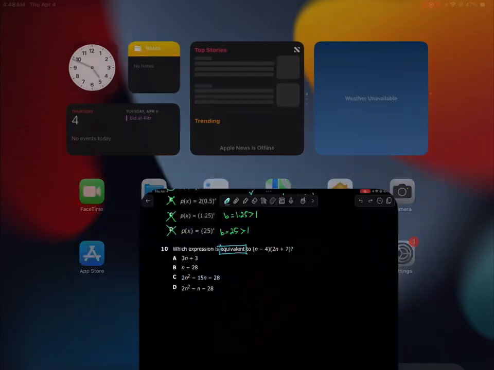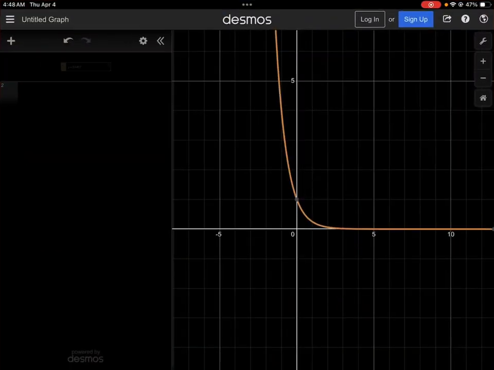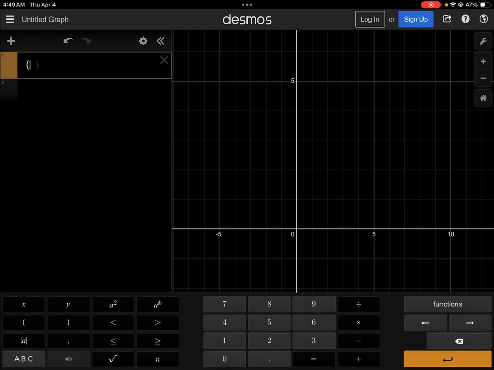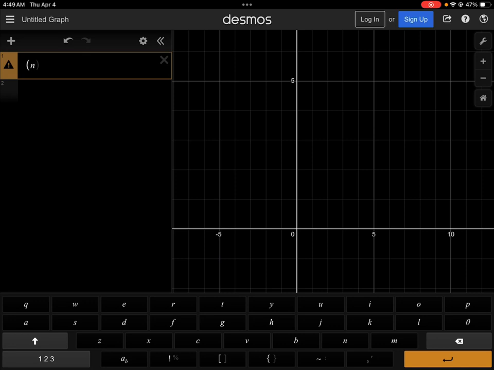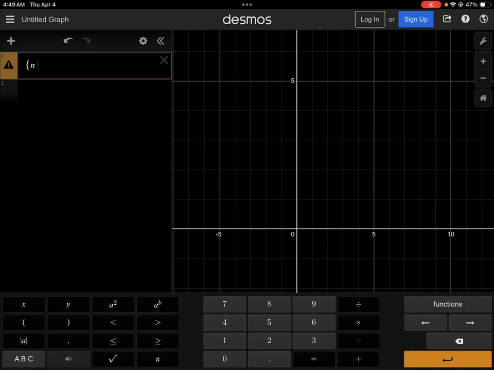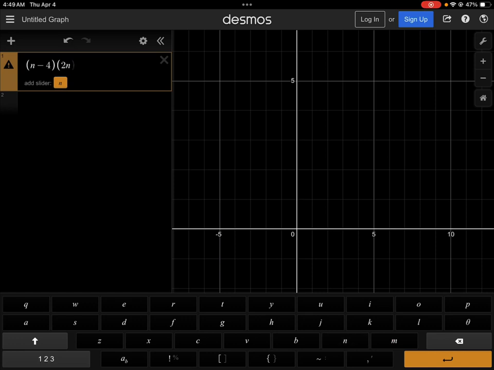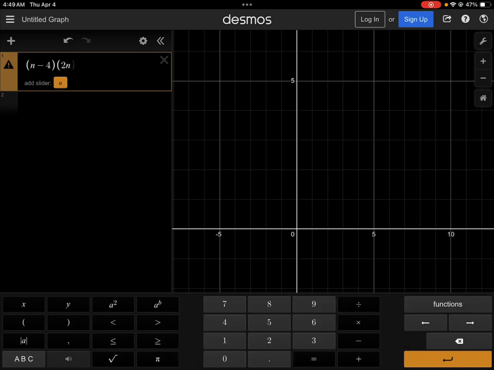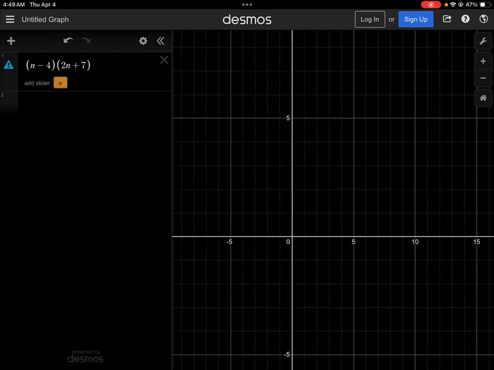Let's go here, and I'm going to write the first one. Here I'm going to have the first surprise, because when I write n minus 4 closing parenthesis, opening parenthesis, 2n plus 7 closing parenthesis, I don't see any graph.